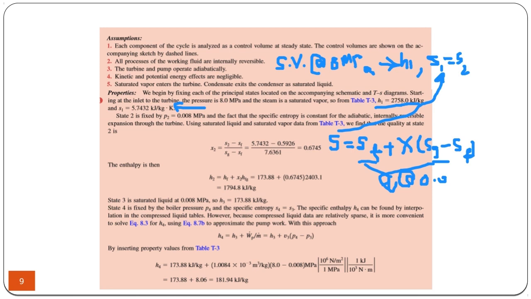So from the table again, we can read S_f, the liquid entropy, and S_g, the gas entropy. Once we read them, we can calculate the quality of the steam that leaves the turbine.